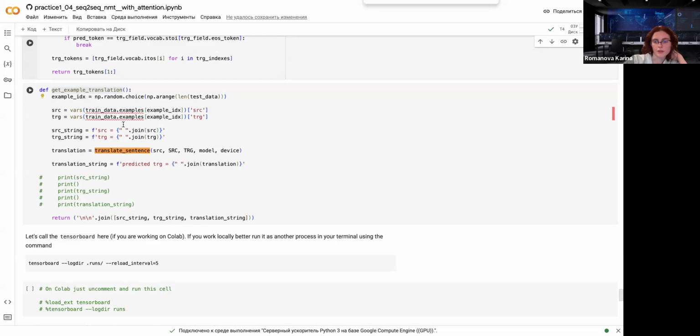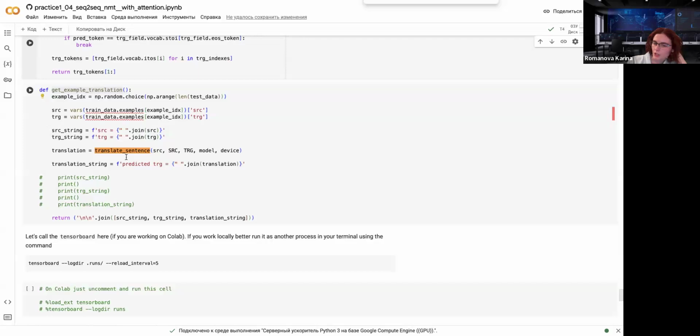The function retrieves the source and target sentences from the dataset using a specified index. Then it calls the translate sentence function to generate the model's translation for the source sentence. Then it prints out the original source sentence, the ground truth target sentence, and the predicted translation.